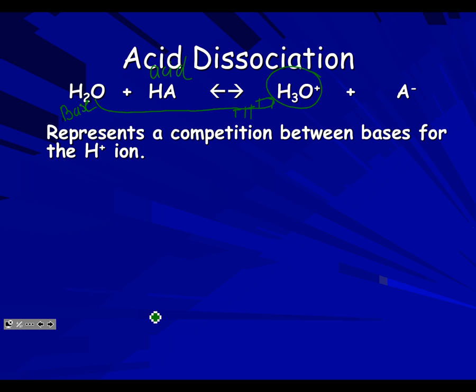Now over here, the base plus a hydrogen, that's our conjugate acid. And over here, our acid minus our hydrogen, there we have a conjugate base.